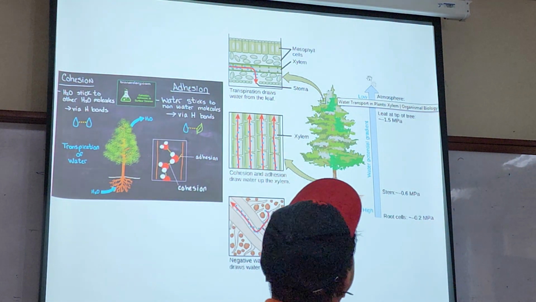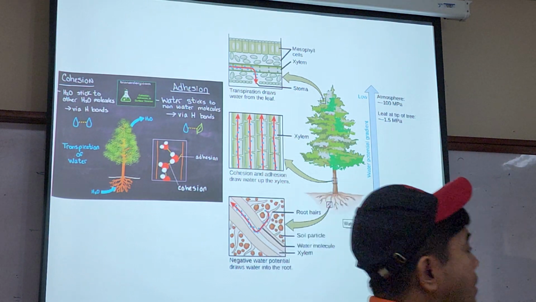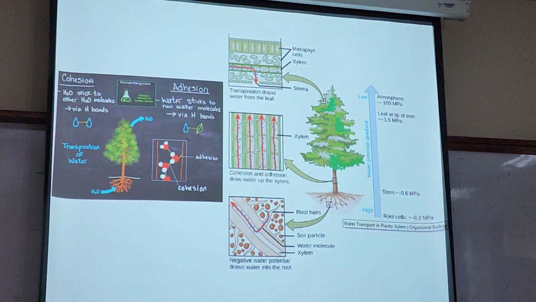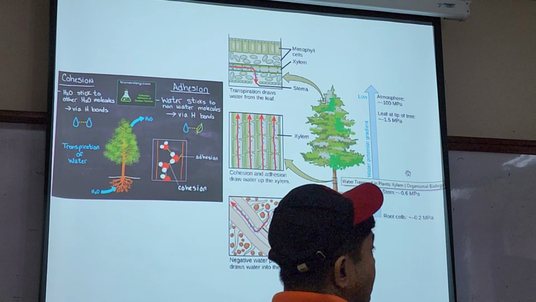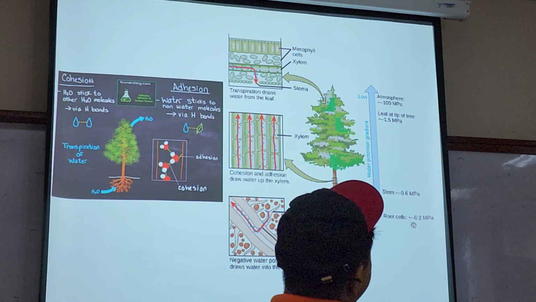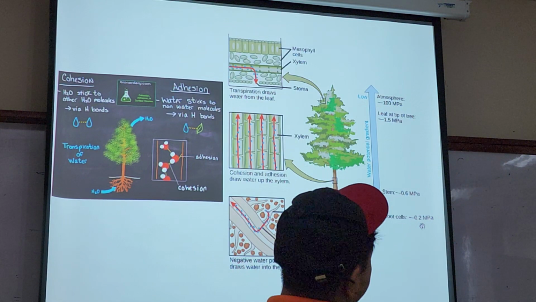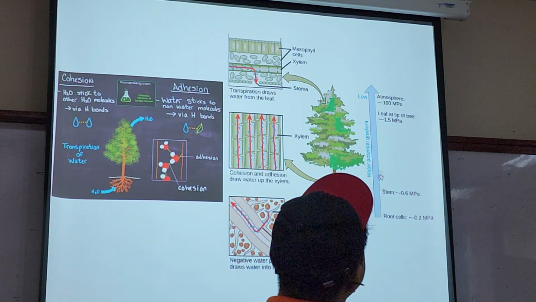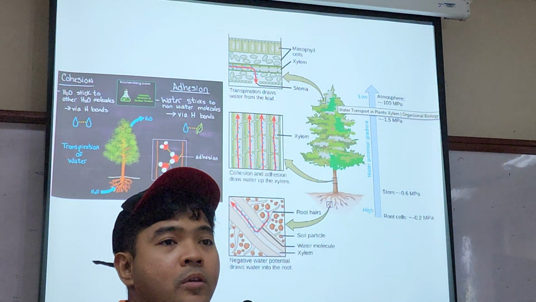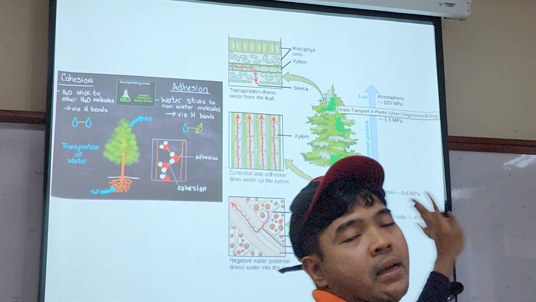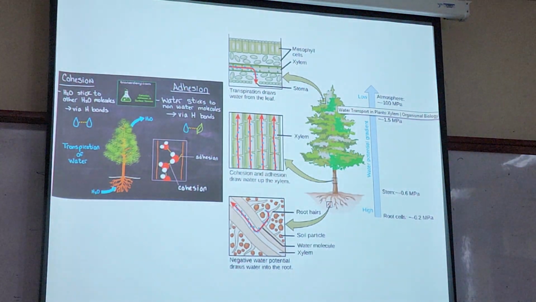Okay, so when it is close to 0, it means the water has the higher potential compared to the water at the top of the plant. So the rule is it will travel from the less negative 0.2 megapascal to the region of more negative 100 megapascal. So it will travel that way. Both are negative because both are not pure water. The water has nutrients, hormones, so many things in it. So it will follow that way.